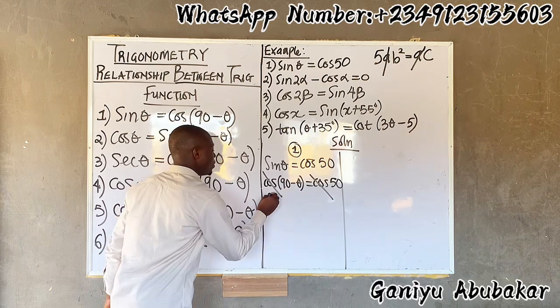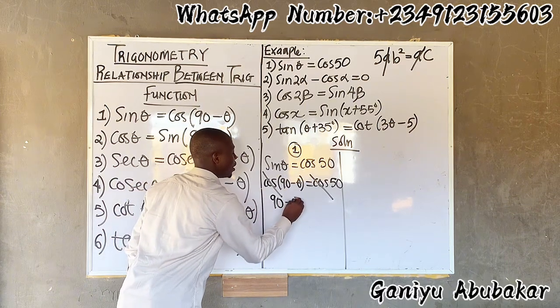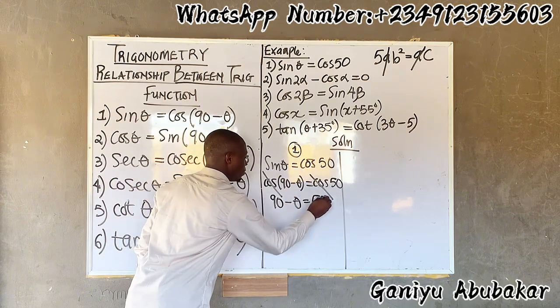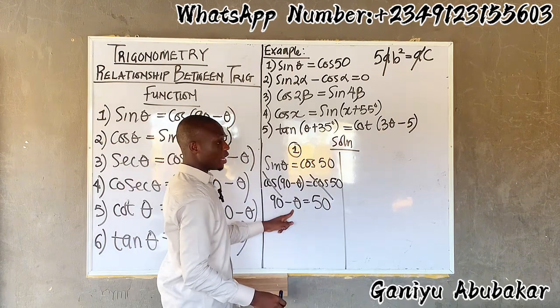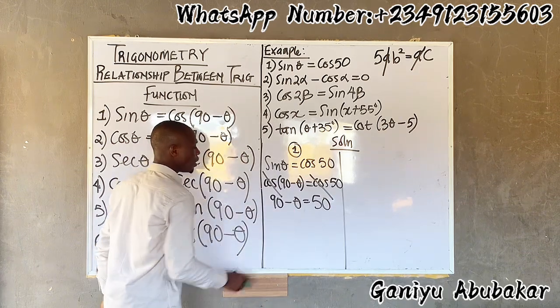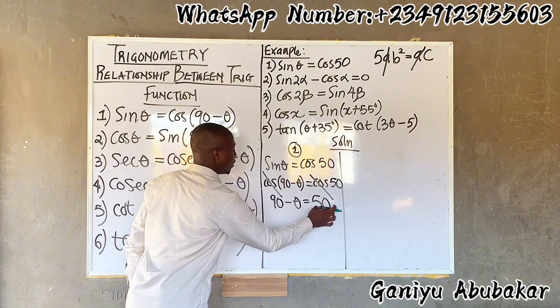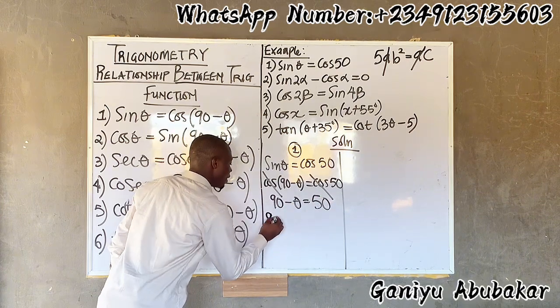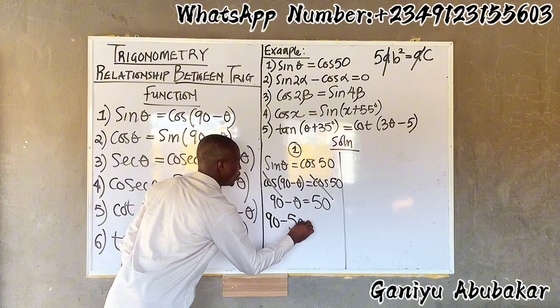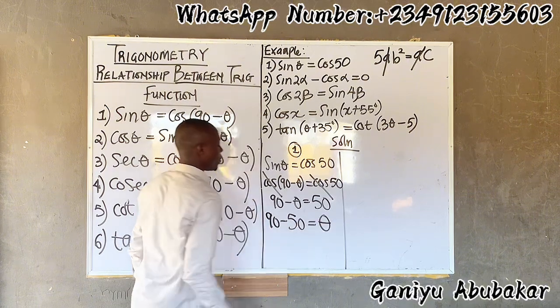For me, I'll have what? 90 minus theta should go to 50. Now let's get theta. It's easy. From here, take theta here and bring 50 here. I'll have 90 minus 50 equal to theta.